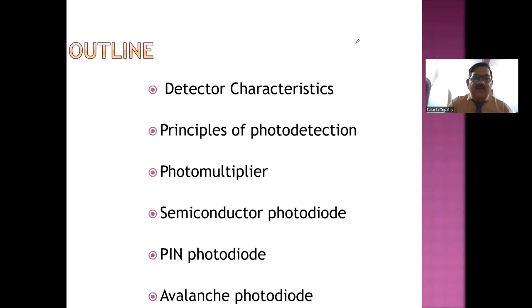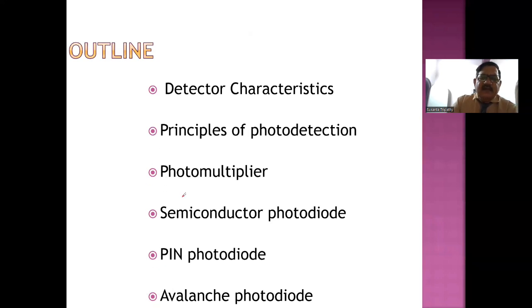Now, with this background, let us try to understand what the different photo detectors are which are available for the detection of light. Here I have mentioned some of the devices which are used for photo detection.